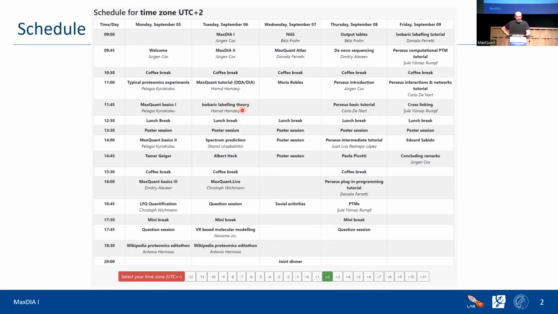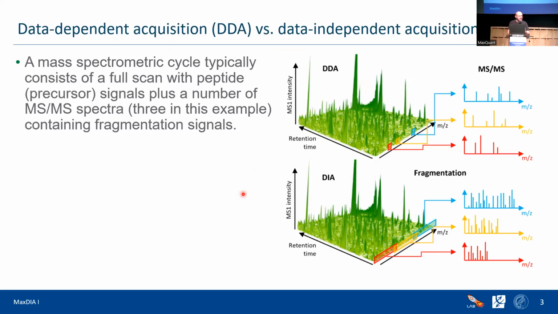The rest of the day we'll have other interesting talks. The highlight is, of course, Albert's keynote presentation that we are looking forward to.